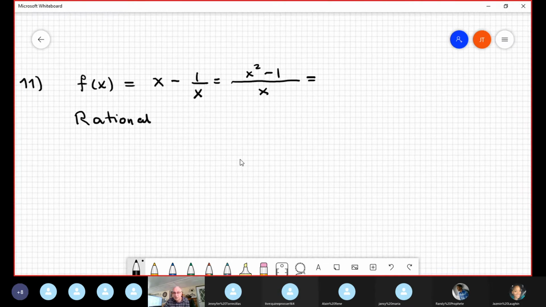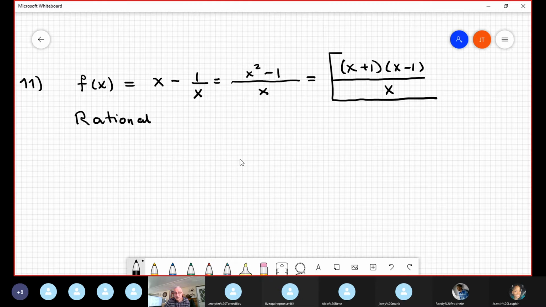In the top I can see the difference of squares, and the factorization is x plus 1, x minus 1 over x. Either way, it is more comfortable working with this, but sometimes it's comfortable to use it that way.